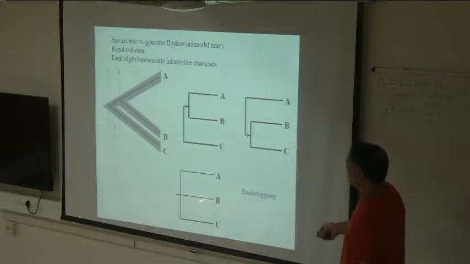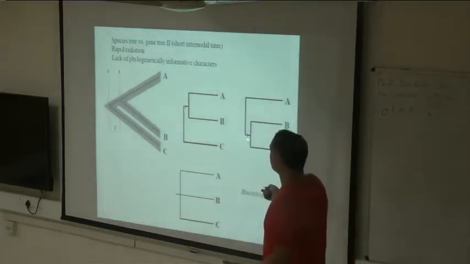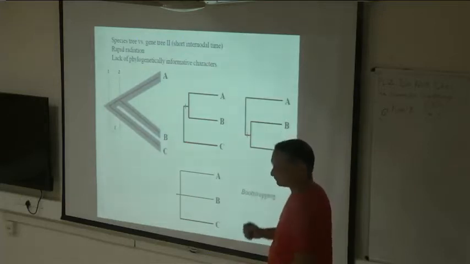One can do bootstrapping, and that will basically show you something like this, where bootstrap support is less than 50, or if you ask the program, you'll realize that support for this topology or this topology, when you concatenate, will be very low.